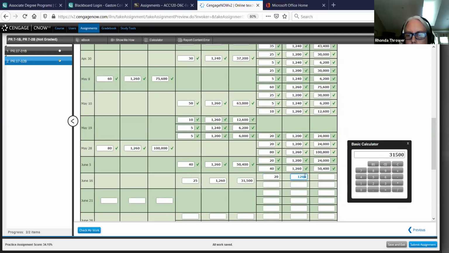We'll bring down our beginning inventory units that we had left, which were 20 at 1200. That was 24,000 as a total cost. And then we're going to take out of the 40 that we had left over, we're going to take 25 away from that to see what we have remaining.